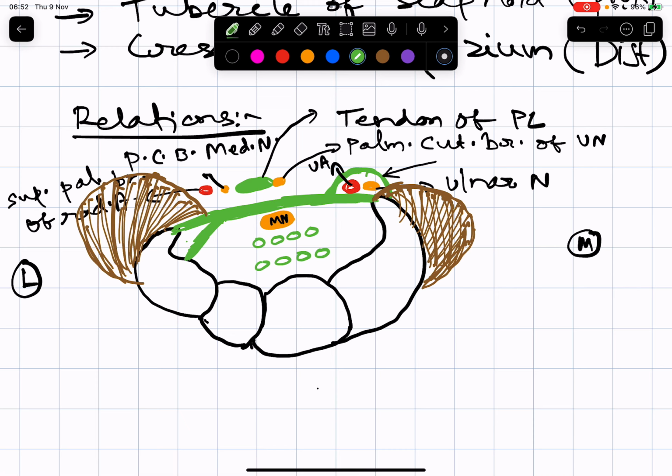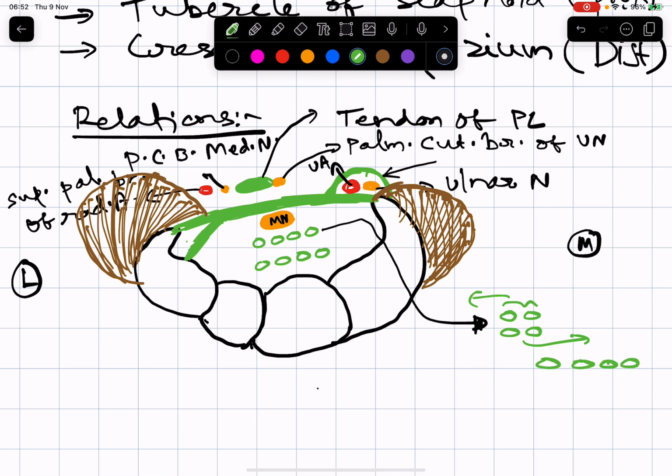So this row of flexor digitorum superficialis in the proximal part would be arranged like this. As they pass distally, these two of them come this side, two of them come this side, so that they become arranged like this.